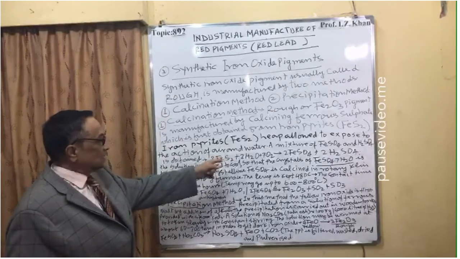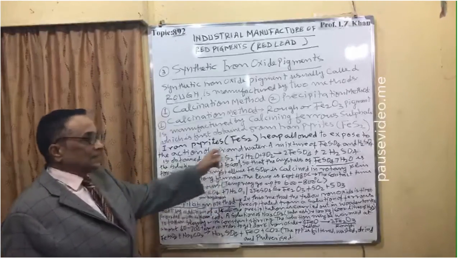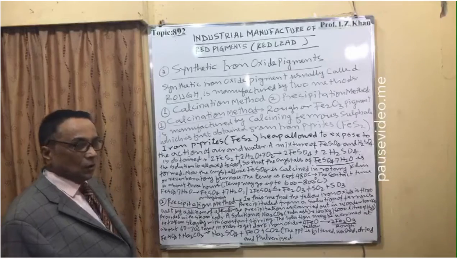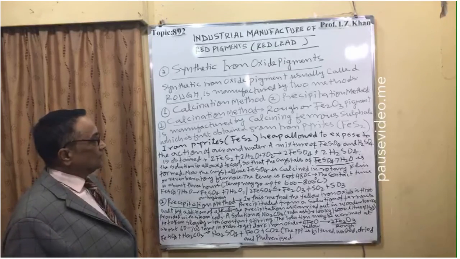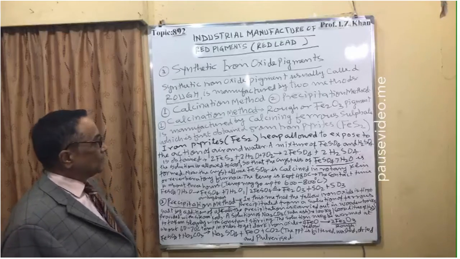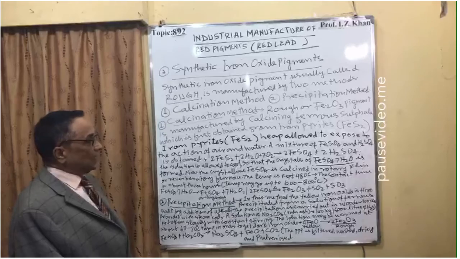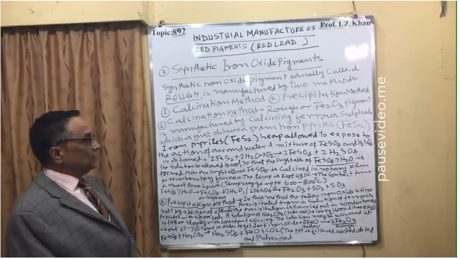The reaction is: 2FeS2 plus 2H2O plus 7O2 gives 2FeSO4 plus 2H2SO4.